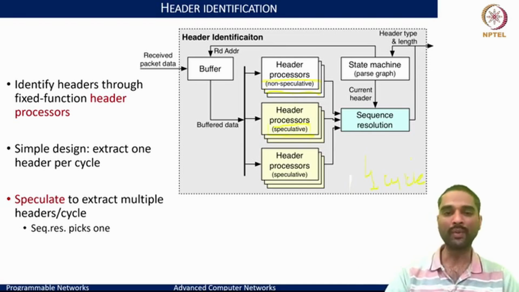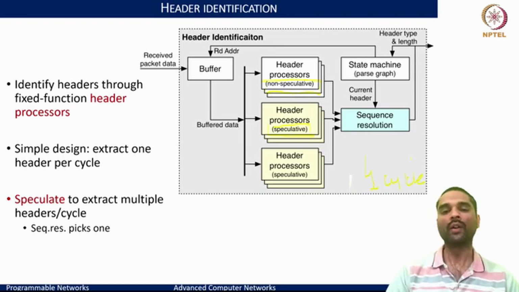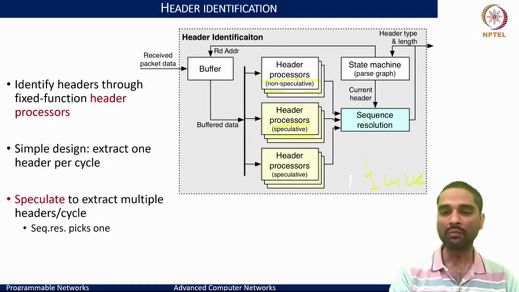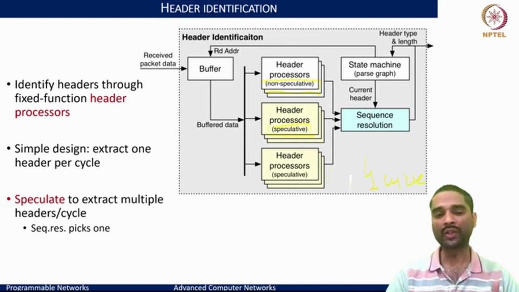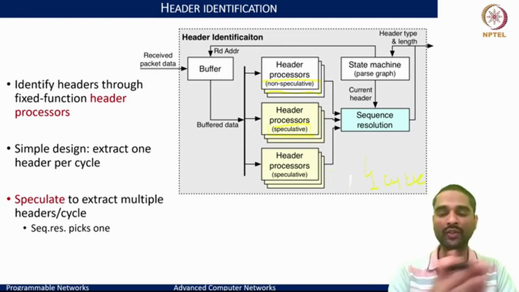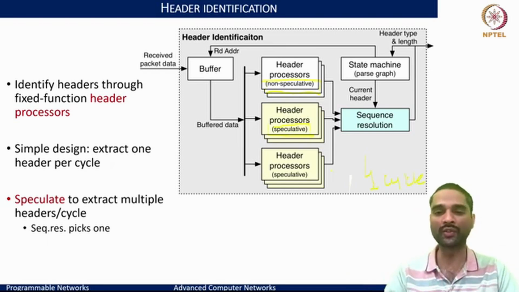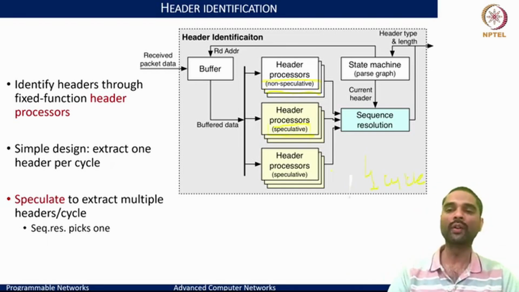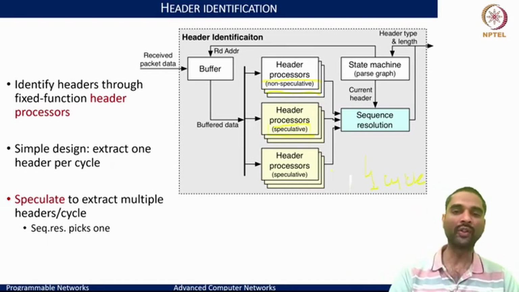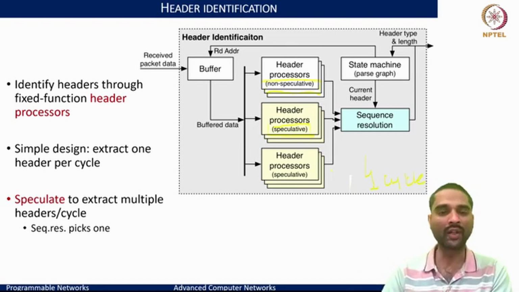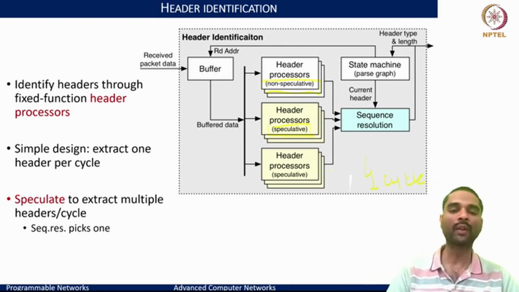So in a very simple design, you would extract one header per cycle. But in a more optimized design, in a single cycle we can also extract multiple headers and speculatively extract earlier, rather than just doing it in a sequential fashion. This is where optimizations can be performed in header parsing ahead of time. In one cycle, we may be able to do multiple sequences.